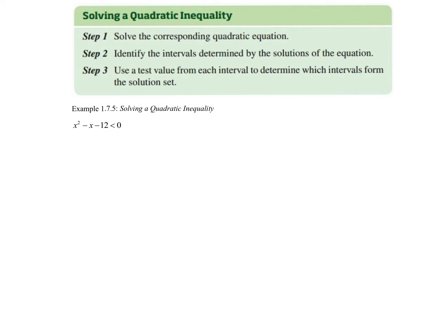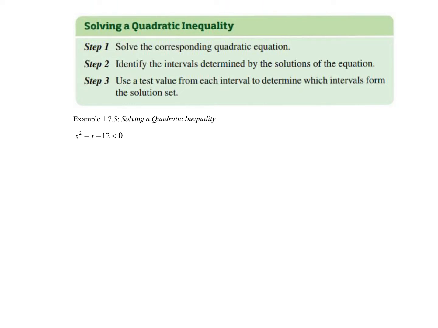So let's see if we can factor this. X and x. I need two factors of -12 that add and make a -1. So -4 and +3. -4 times 3 make a -12. -4 plus 3 make a -1. And I'm going to let these equal 0.